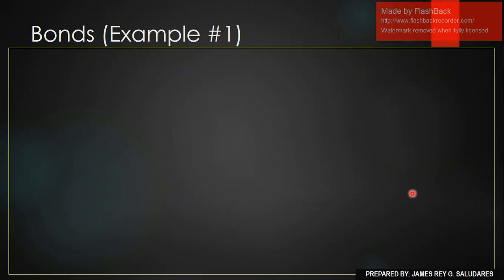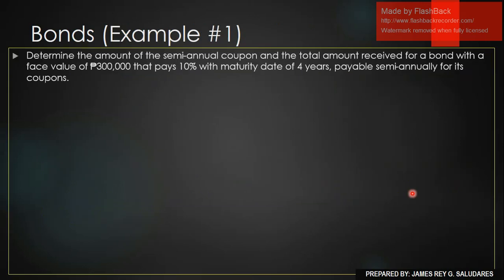Okay. So let's have an example. Determine the amount of semi-annual coupon. Okay. So the coupon is being asked for this one, and the total amount received for a bond with a face value of 300,000 that pays 10% with maturity date of 4 years, payable semi-annually for each coupon. Okay, so what are the given? So the face value is 300,000. Coupon rate is 10% or 0.1 or 0.10.